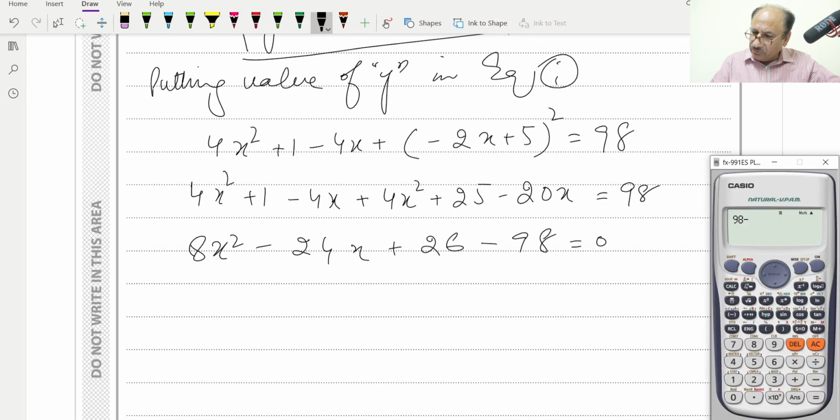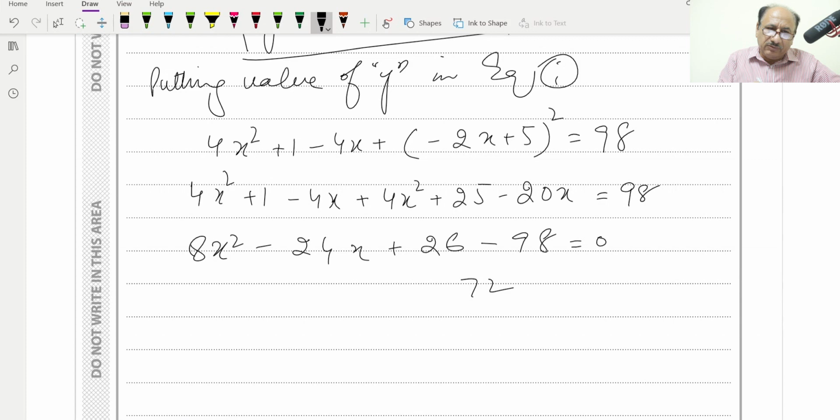98 minus 26 is equal to 72, so minus 72. Basically 8x squared minus 24x minus 72 is equal to 0, and this is our quadratic equation.